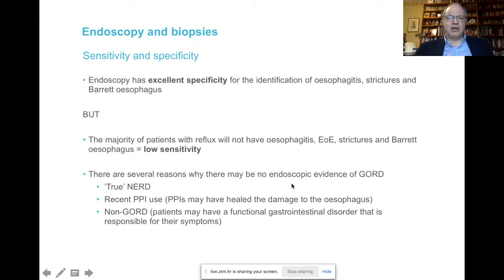But the patient actually had reflux esophagitis a couple of weeks ago. And the other issue is that patients may have functional disorders that are responsible for the symptoms, and they are non-GERD at all. They just have dyspepsia or IBS.